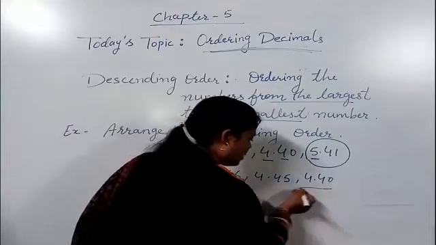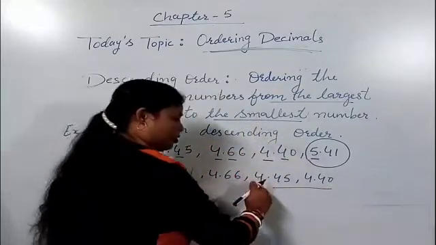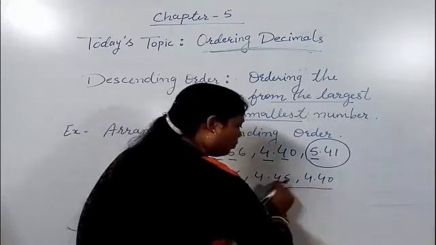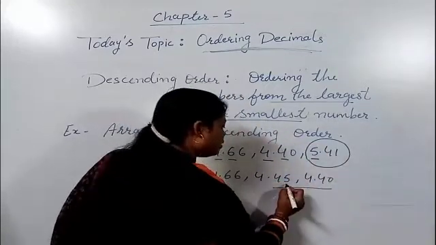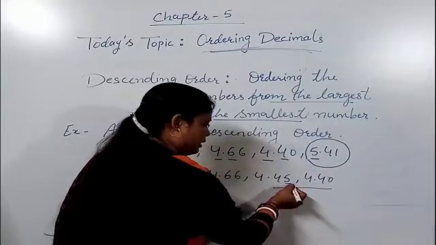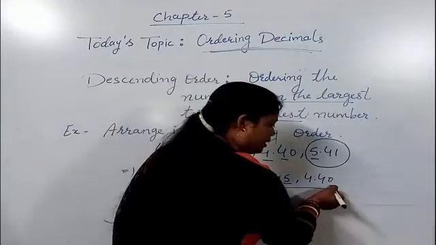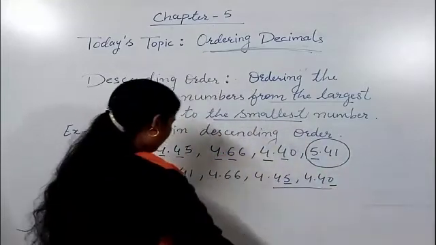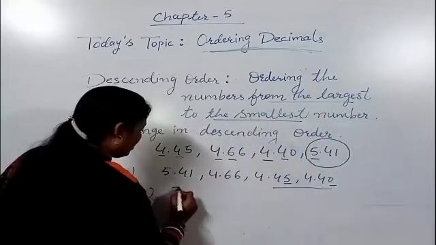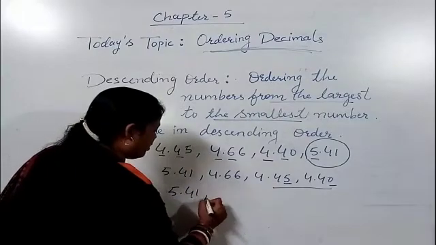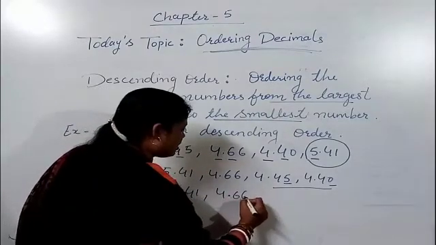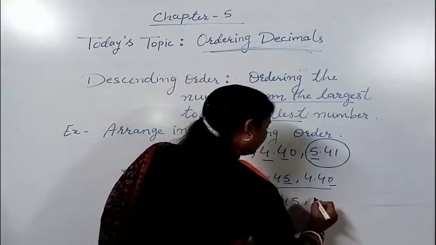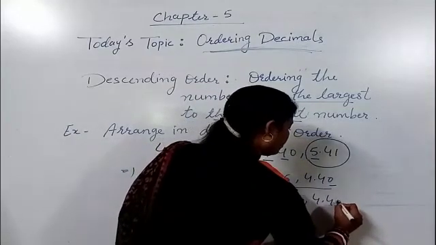Now we will compare these two. Before the decimal both are equal. 10th place also both are equal. Now we'll go to the 100th place. In this, 5 here and here it is 0. 5 is greater than 0. Now we'll write 5.41, 4.66, 4.45, then 4.40.